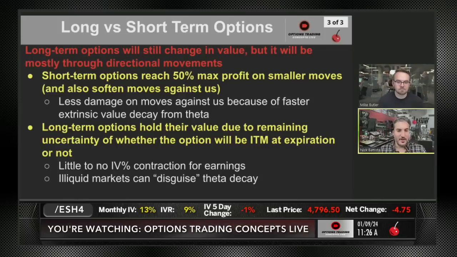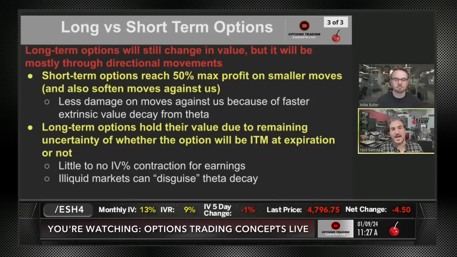So long-term options hold their value due to the remaining extrinsic value. Of course, this comes with the uncertainty of whether the option is going to be in the money or out of the money. Again, as with time, when you're talking about an option that is at the money that is 200 days out versus one that's 5 days out, there's much more price movement baked into that further out option.